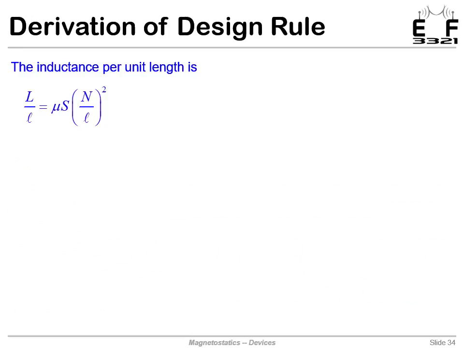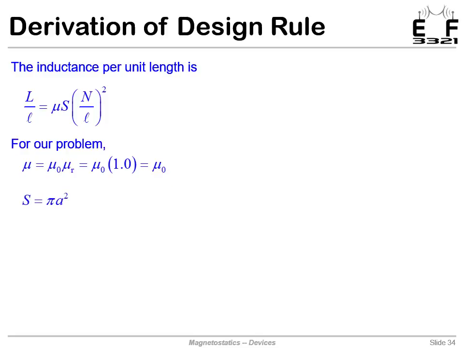When we analyze the solenoid, we derive the inductance per unit length. From this, we will derive our design rule of how to turn a McDonald's straw and magnet wire into an inductor with the value of inductance that we need. If we don't put anything in the straw and it just has air, it'll have an air core. So our permeability is really just the permeability of vacuum.